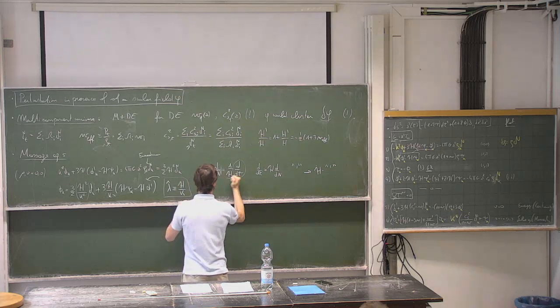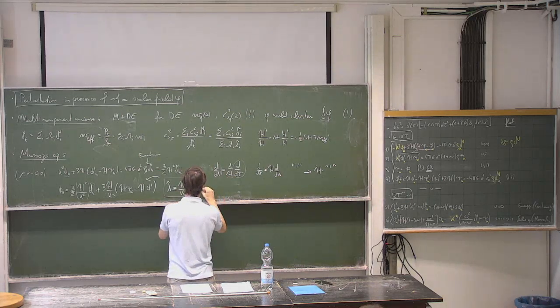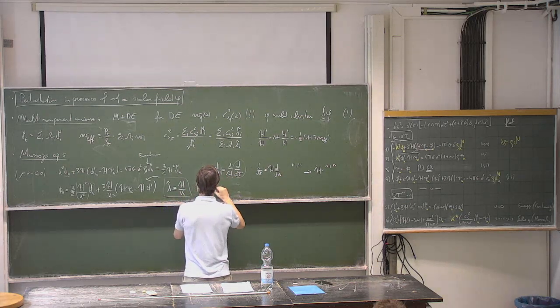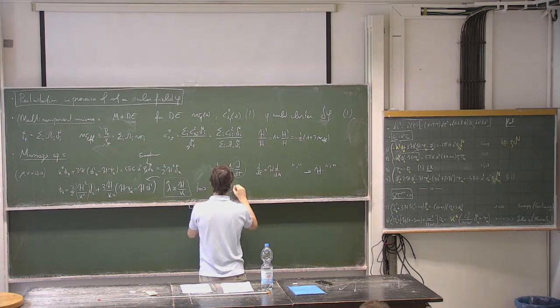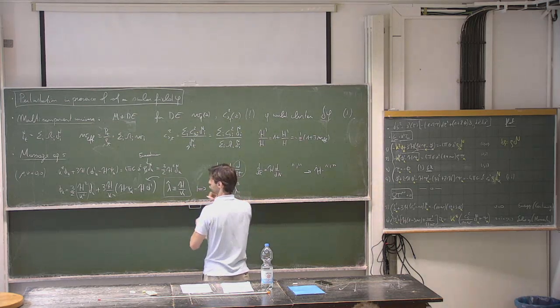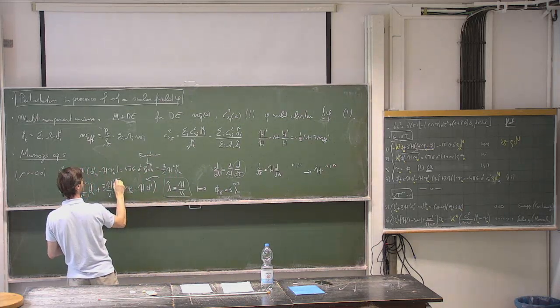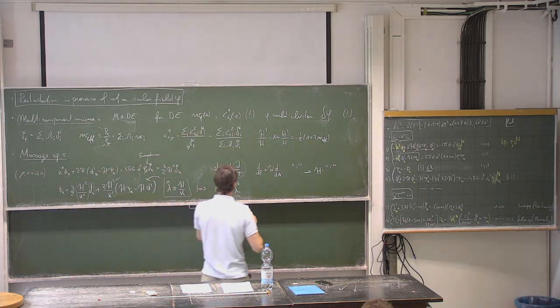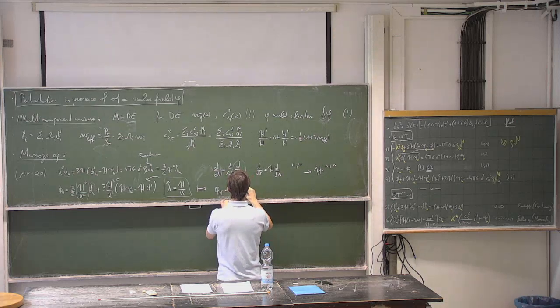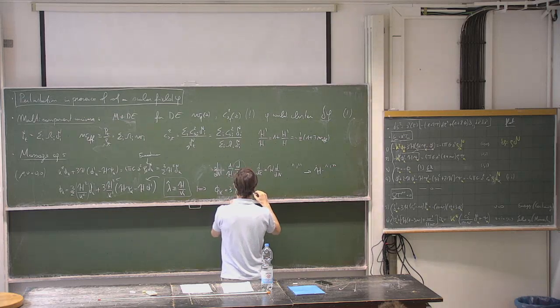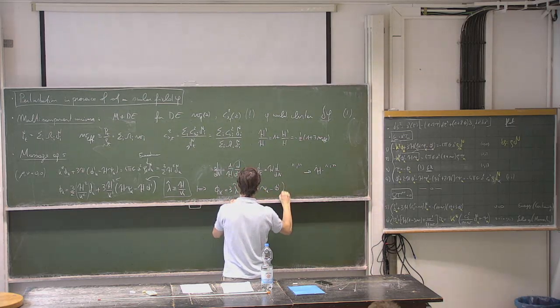What we obtain in the end is phi k equal to 3 lambda to the power of 2. I think I forgot a 2 here. Lambda, yes, then we have 1 half delta k plus phi k minus phi prime.